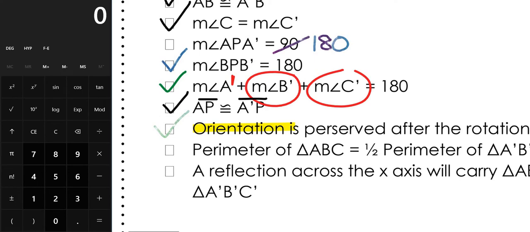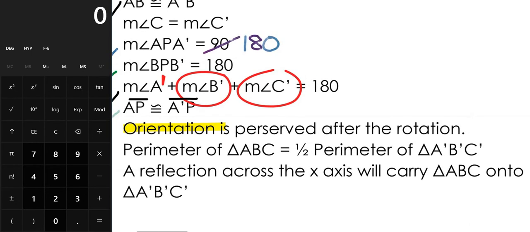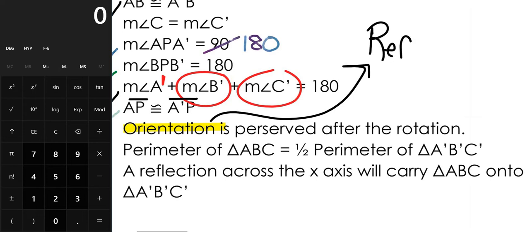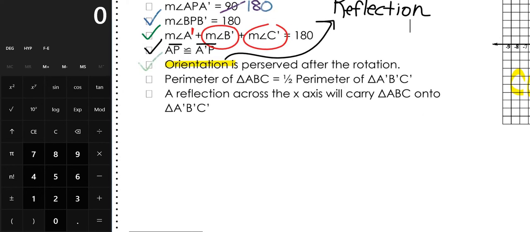The only transformation that doesn't preserve orientation is a reflection. So a reflection is your only transformation that changes orientation. Next, the perimeter of triangle ABC is equal to 1/2 the perimeter of A prime, B prime, C prime.